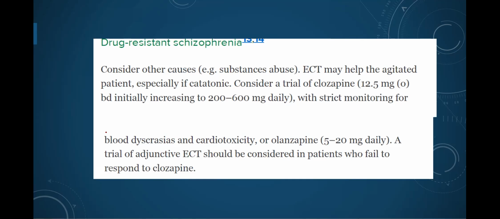So mainly, how you monitor a patient on clozapine: full blood count, ECG, troponin. If the patient fails clozapine, then as the last option, sometimes we have to try ECT as well. Okay, so this is a ladder of approach. You have to remember that, otherwise it will cause a lot of confusion.